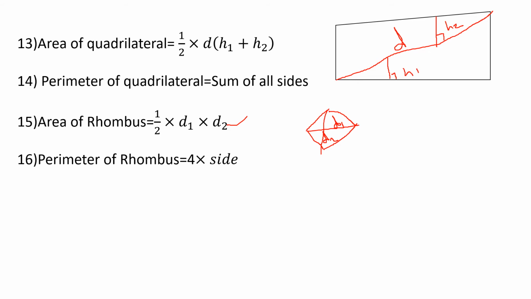We have learned the formulas for square, then rectangle, then circle, then triangle, next parallelogram, then trapezium, then quadrilateral and rhombus. In every shape you are learning two formulas, right? So go through the formulas and study well.